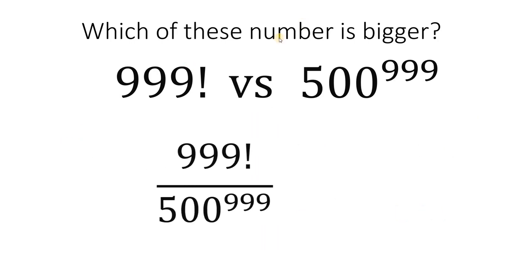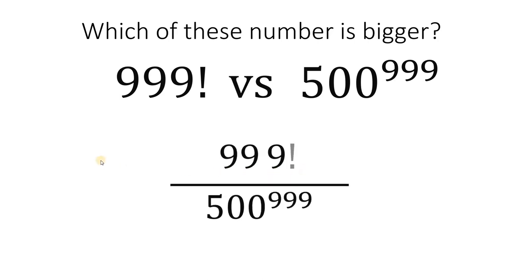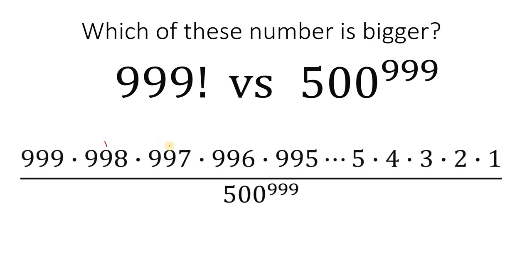Now let's focus on this ratio. What we're going to do is to see if this number is greater than 1 or less than 1. 999 factorial can be written as 999 times 998 times 997 all the way down to 1.